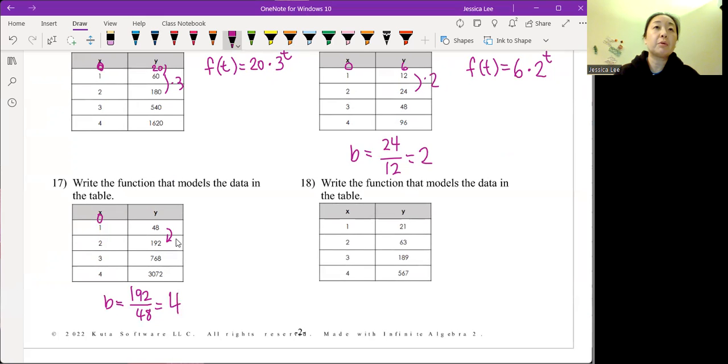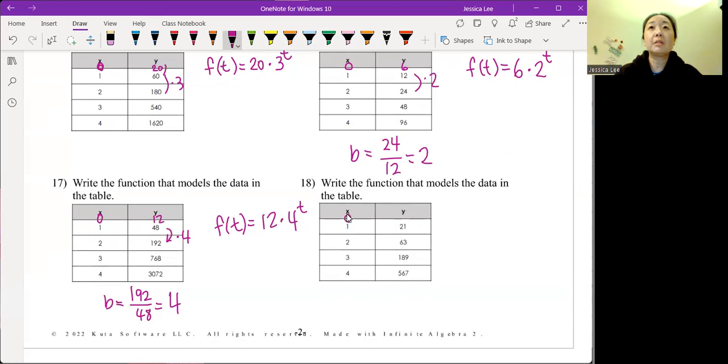So we are multiplying by 4 every time. In order to get the initial value, it's going to be 48 divided by 4 because we're going backwards. That's going to be 12. So f of t is equal to 12, our initial value, times 4 to the t.